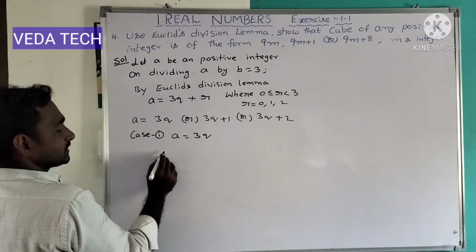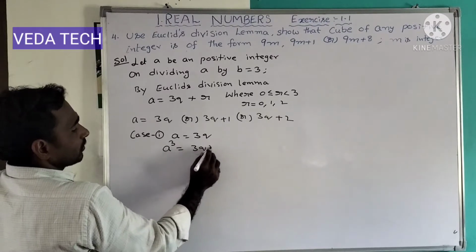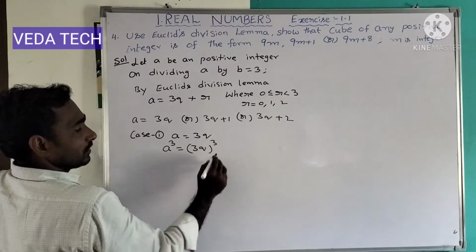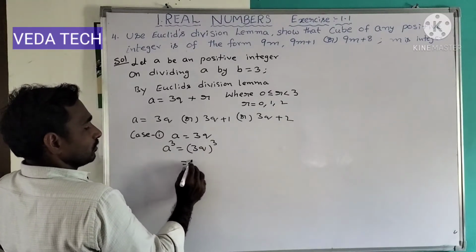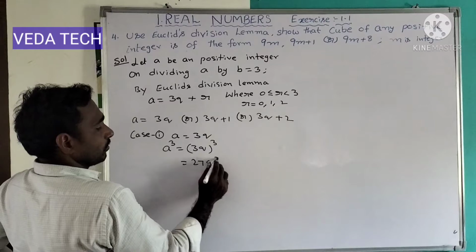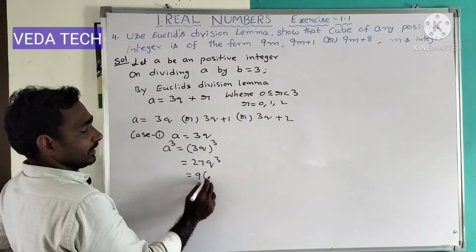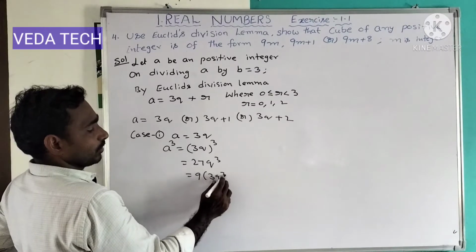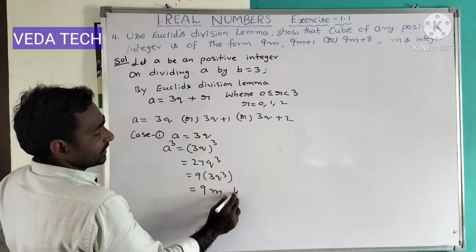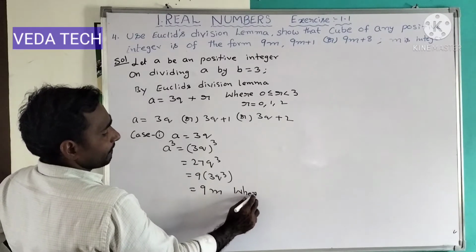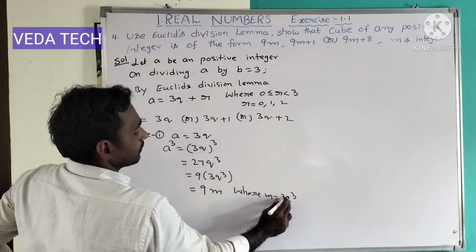Cubing on both sides, a cube is equal to 3q whole cube, is equal to 27 q cube. 27 can be written as 9 into 3, so this is 9 into m, where m is equal to 3q cube, an integer.